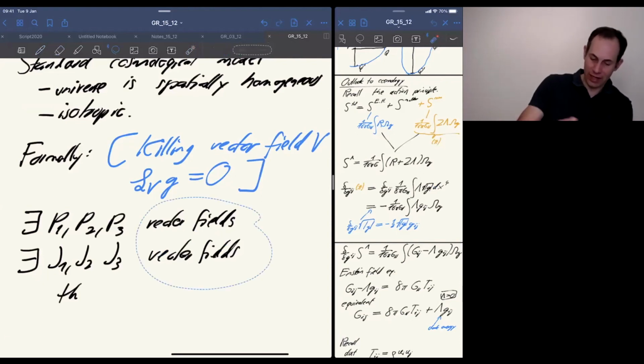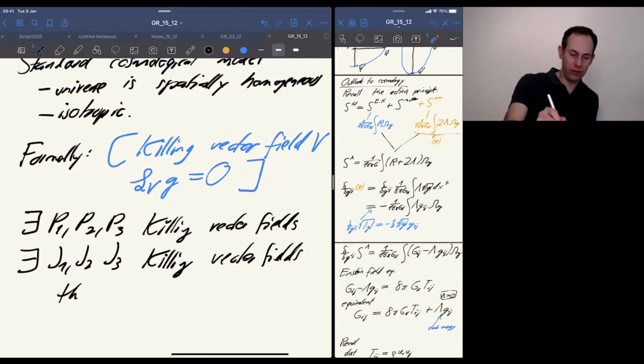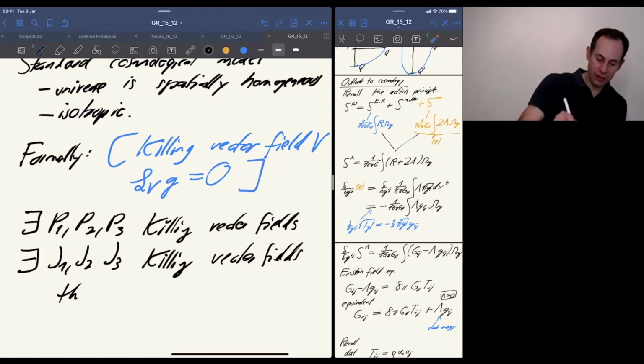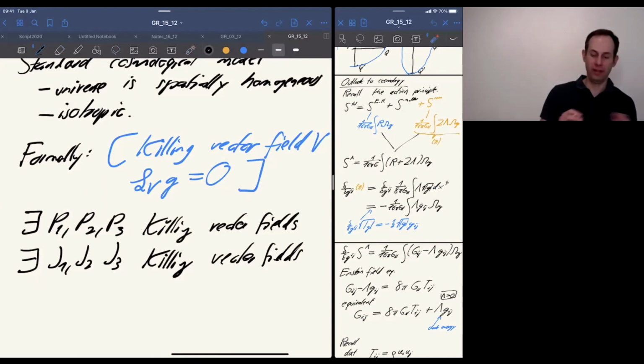So maybe I could just add that here. So there are three directions in space in which I can move, and three types of rotation I can do in such a way that the metric never changes. So the geometry remains the same.